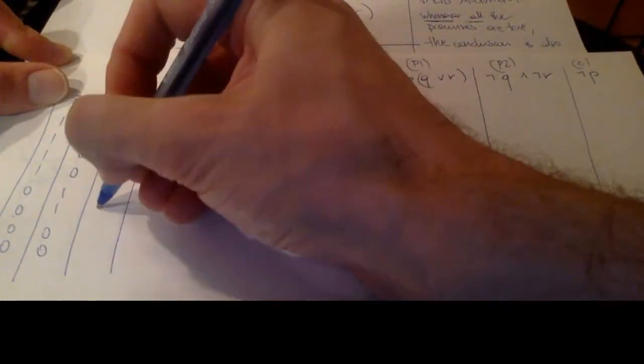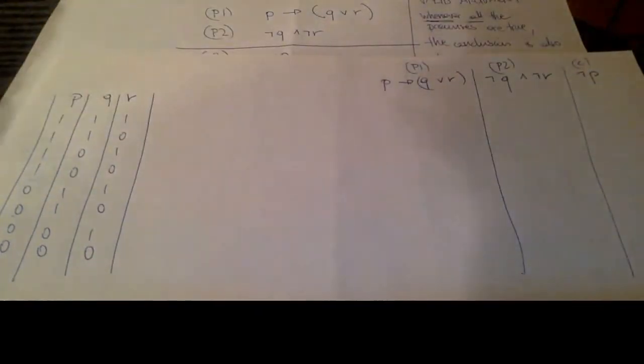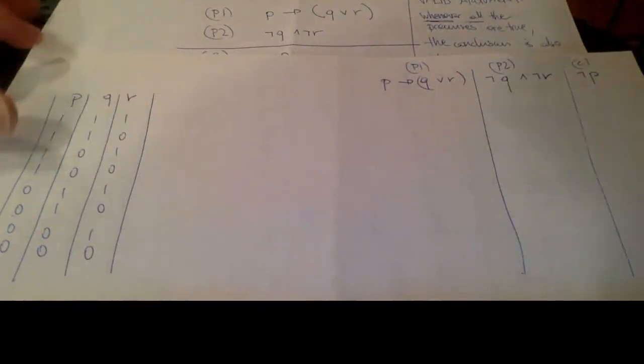We write 1, 1, 1, 1, a series of four 1s, and then 0, 0, 0, 0 for P. Then we write 1, 1, 0, 0, 1, 1, 0, 0 for Q. And then 1, 0, 1, 0, 1, 0, 1, 0 for R. And this gives us all the possible combinations.